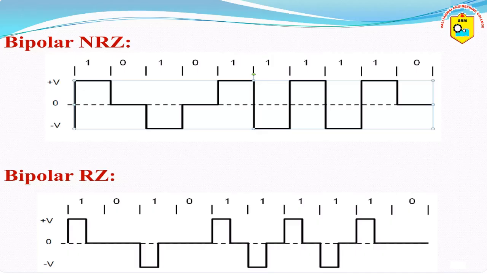Okay, so again for bipolar NRZ, for 1 you have two amplitudes, positive and negative. It depends on successive ones. As you can see in the figure, for the first transmitted one you have positive amplitude, and for 0 you have no pulse, and for the second transmitted one you have negative amplitude. It varies for successive ones.